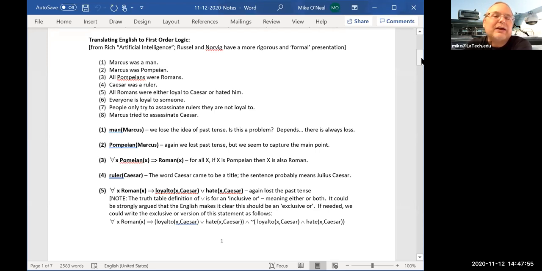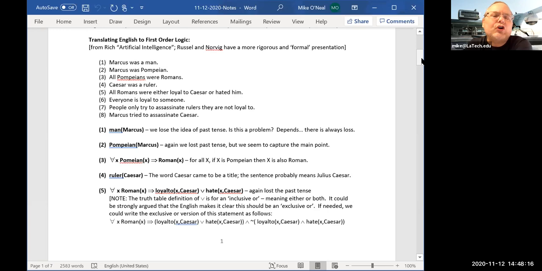So anyway, Marcus is a man. Marcus was Pompeian. Okay, so the same sort of thing. Pompeian(Marcus). Marcus is an instance of the group Pompeian. So again, we're losing the past tense, but we seem to have captured the main point.